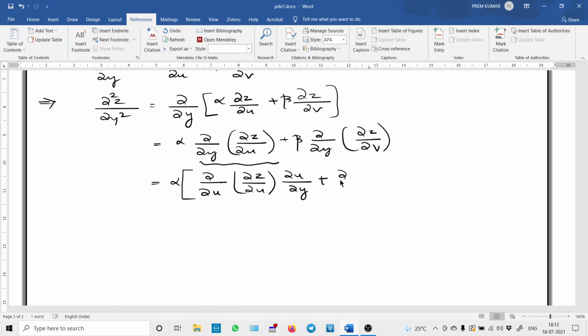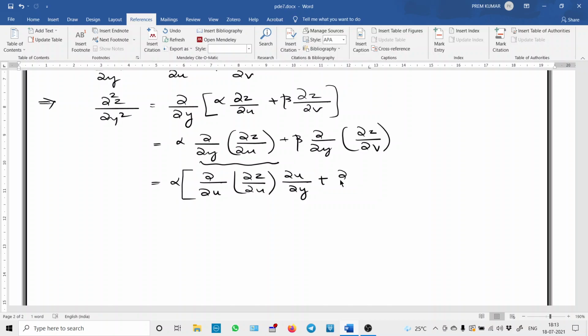Plus now the second term, beta times, we concentrate on this. So ∂/∂y of ∂z/∂v, same as before: first with respect to u, then u with respect to y, plus next with respect to v, and this v with respect to y.